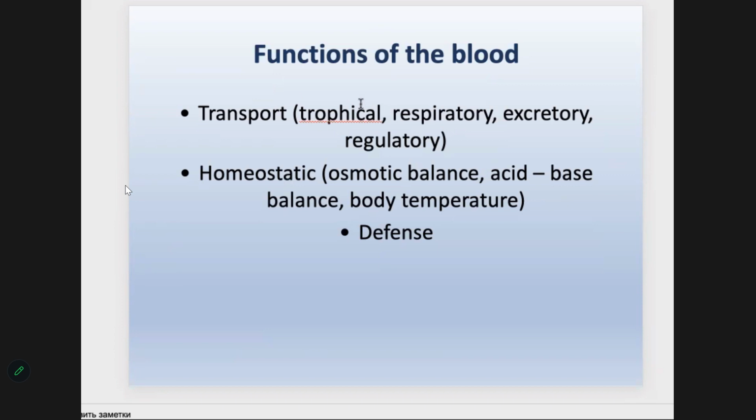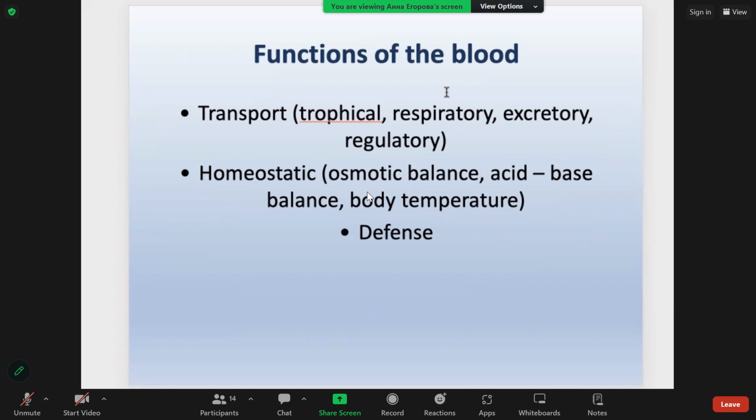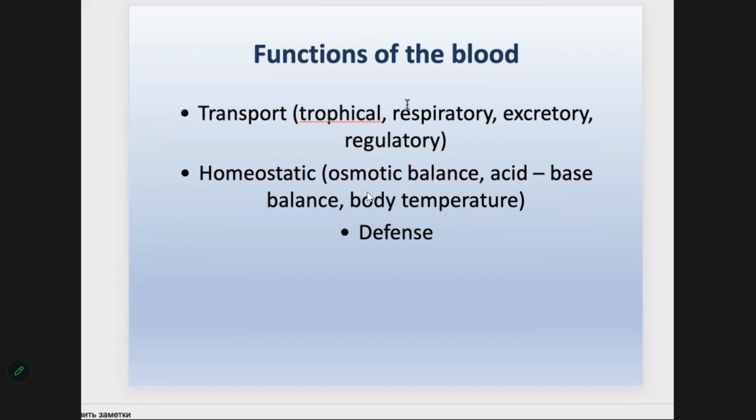The next is the respiratory function: the formed elements of the blood transport the gases, oxygen and carbon dioxide.